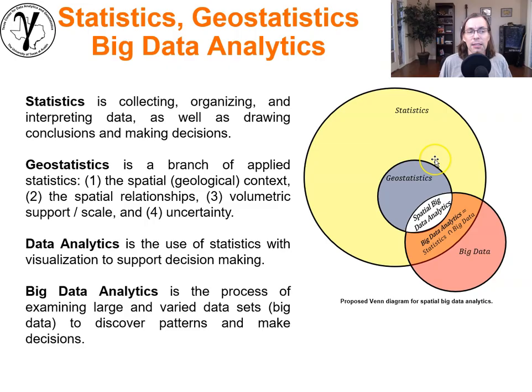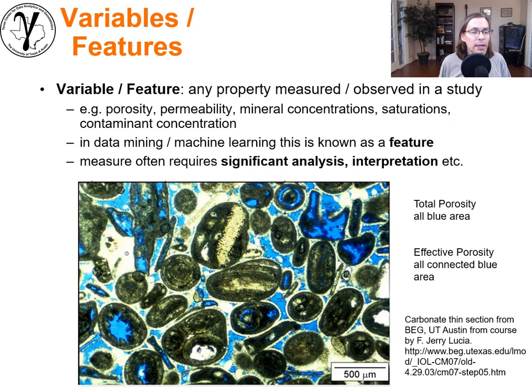And geostatistics is that focused area with the applied branch that I mentioned. Then we have big data overlapping with statistics. We call it big data analytics. And where it overlaps with geostatistics, we could call it spatial big data analytics. I think that's fair.